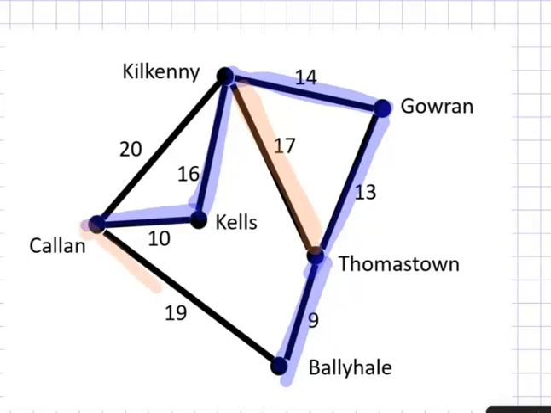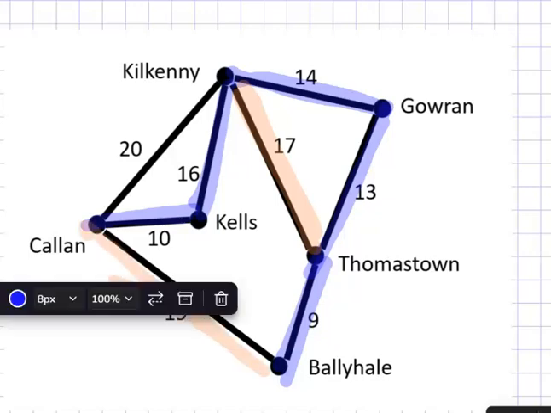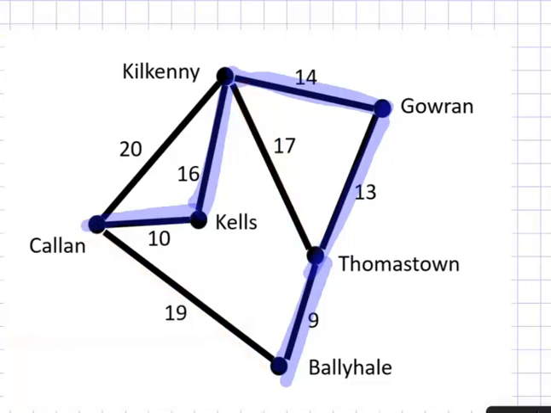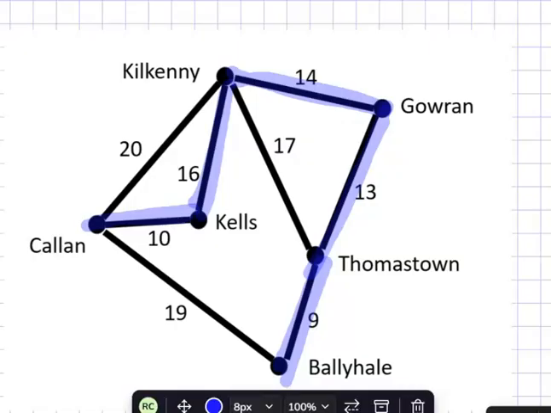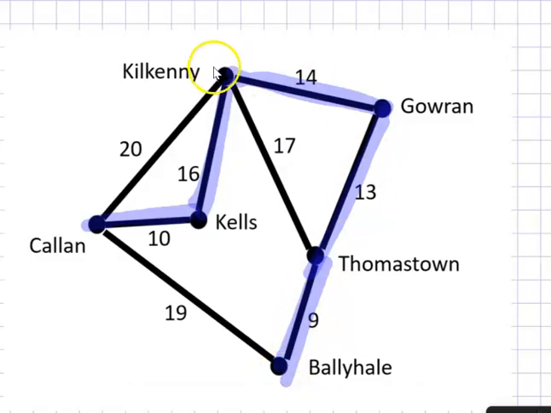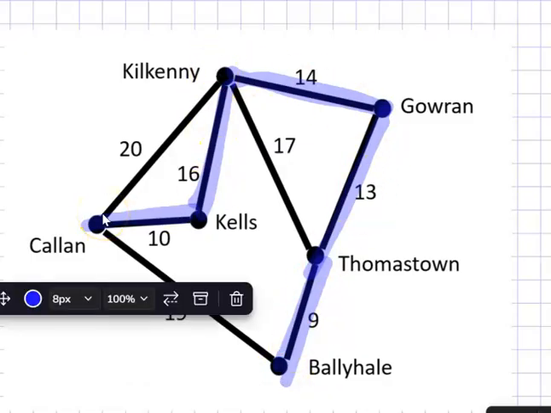Likewise, if I connect up Callan to Ballyhale, it's unnecessary for the purposes of a spanning tree, because the idea here is that if I want to send something from Ballyhale to Callan, you can just go via that journey. The cost doesn't matter.